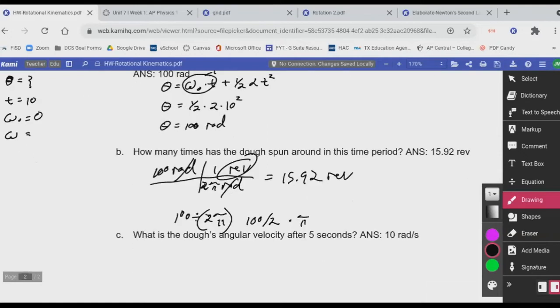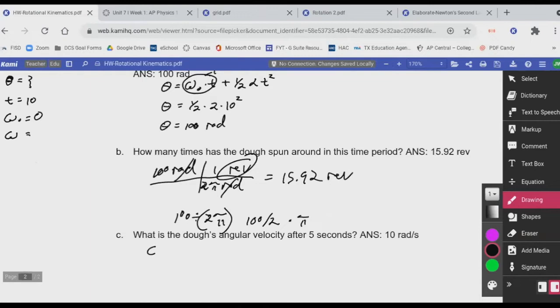Now on C, what is the dough's angular velocity after 5 seconds? This is asking for your omega, which is your final angular velocity. Here, we're going to change the time to 5 seconds, but outside of that, the acceleration is still valid.